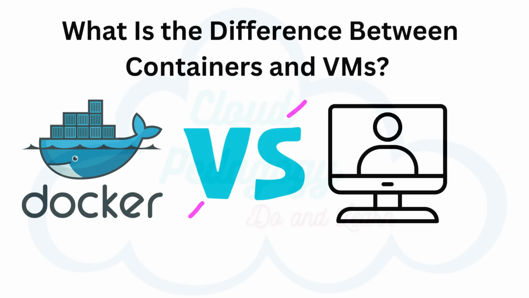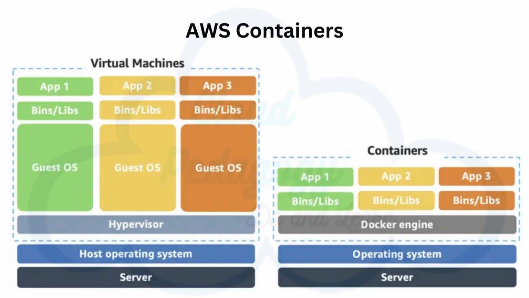Then you may think, what is the difference between containers and virtual machines? Containers share the same operating system and kernel as the host they exist on, whereas virtual machines contain their own operating system. Since each virtual machine has to maintain a copy of an operating system, there is a degree of wasted space. A container is more lightweight.